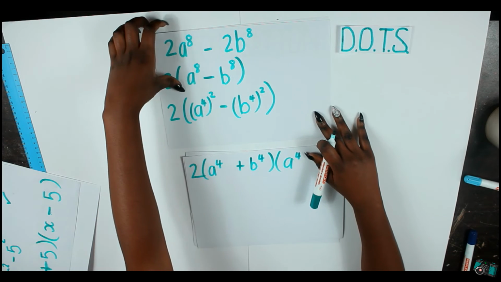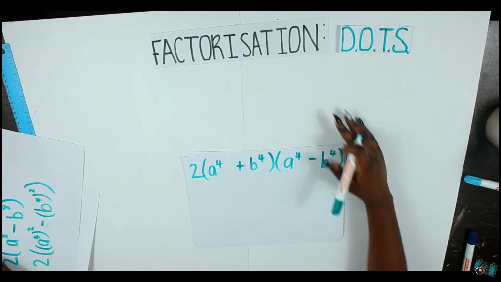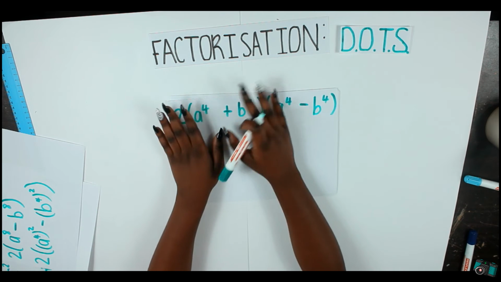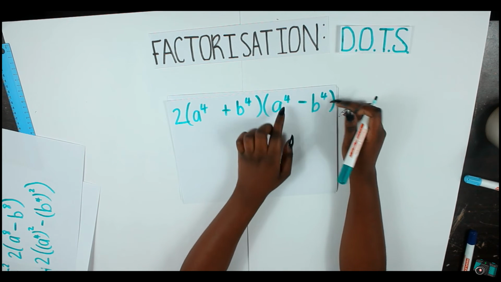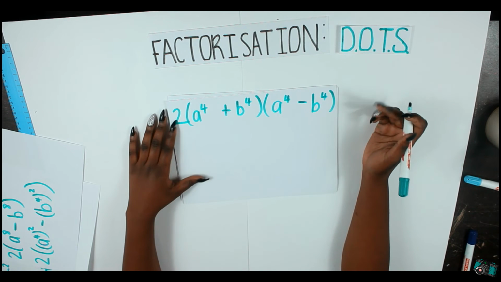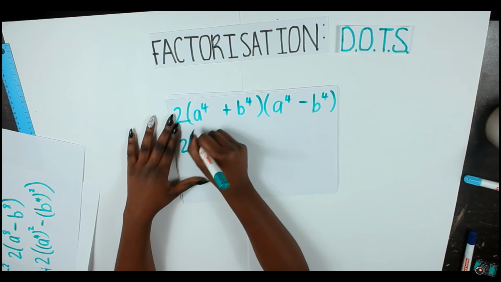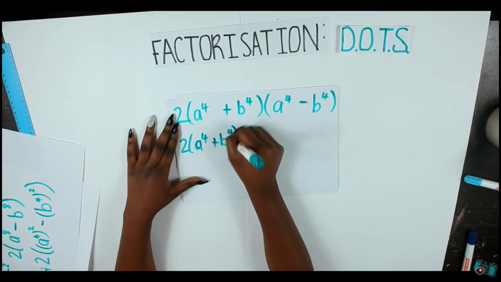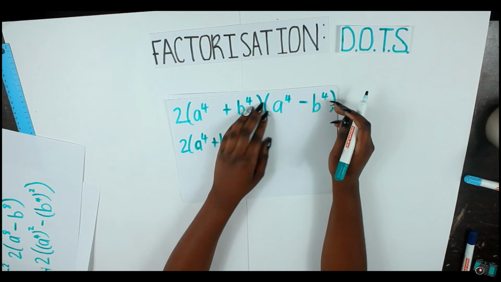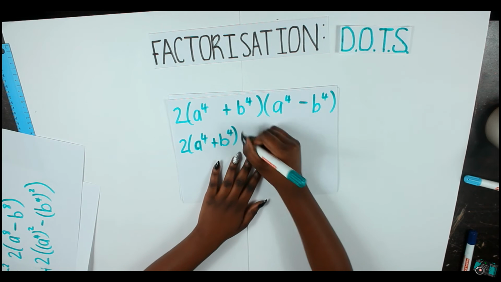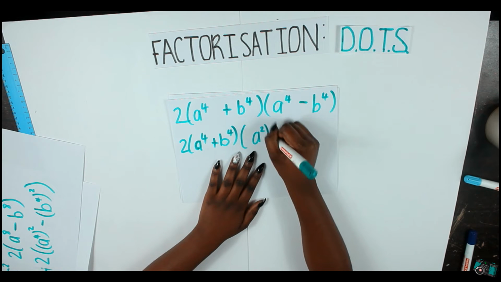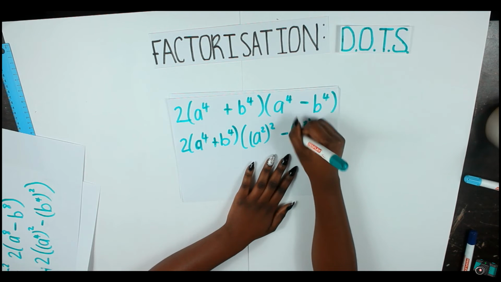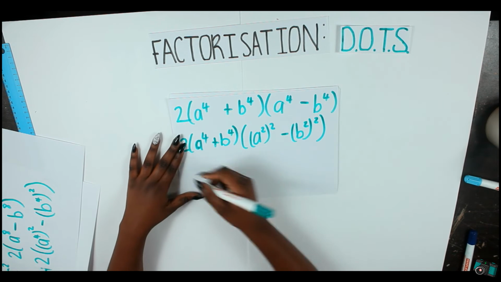Can you go any further? Yes, you can. This is a plus, right? So I can't do anything here. But here you have a negative and you have something that you can manipulate to the power of 2. The 2 and a to the power of 4 plus b to the power of 4 are going to stay. Then this I'm going to manipulate again to a square: a to the power of 2 to the power of 2 minus b to the power of 2 to the power of 2.